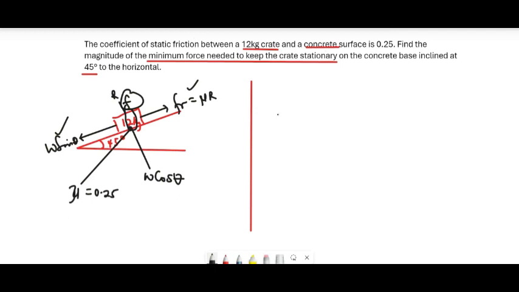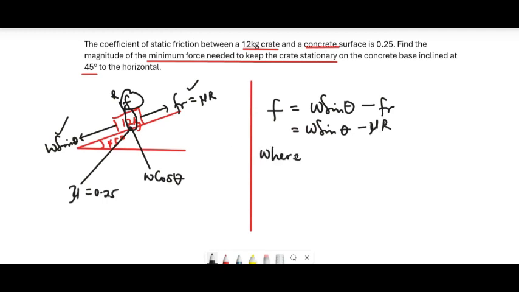If that was the case, we can have our F, which is the force to keep the crate stationary, to be W sine theta minus FR, right? So I have W sine theta minus mu R, where you know from this axis R equals W cos theta, since the acceleration is equal to 0.